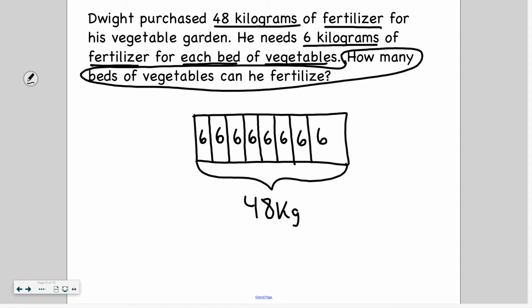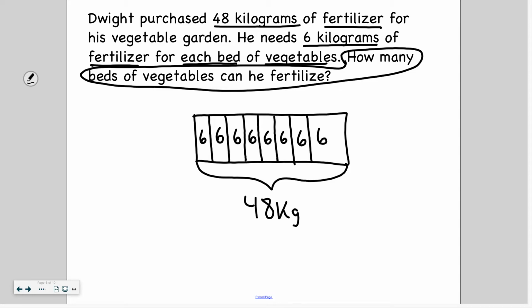So I have 1, 2, 3, 4, 5, 6, 7, 8 beds, and let me just double check. 6 plus 6 is 12, 12 plus 6 is 18, 18 plus 6 is 24, 24 plus 6 is 30, 30 plus 6 is 36, 36 plus 6 is 42, and 42 plus 6 is 48.